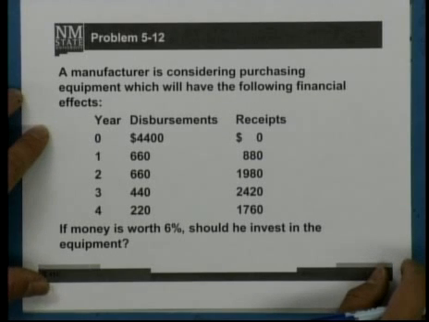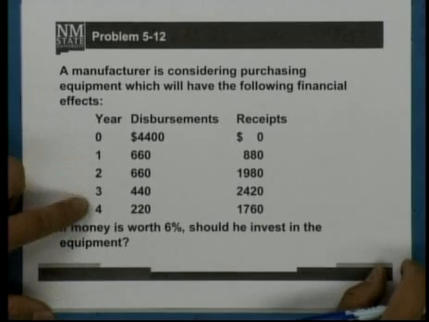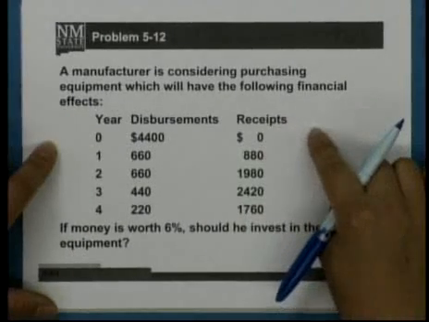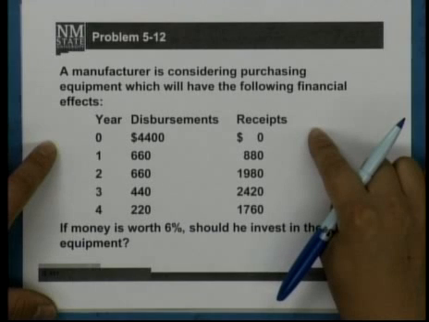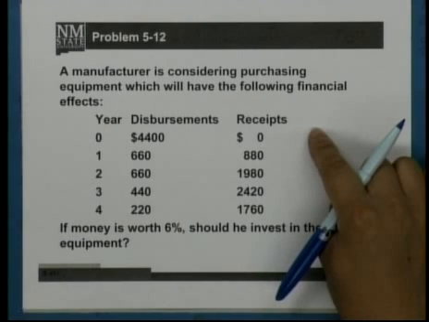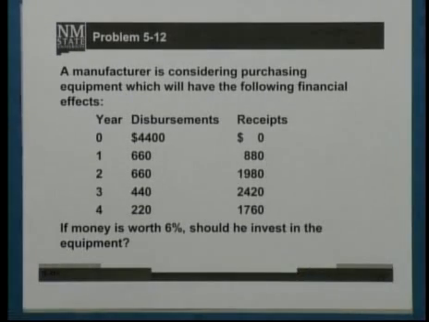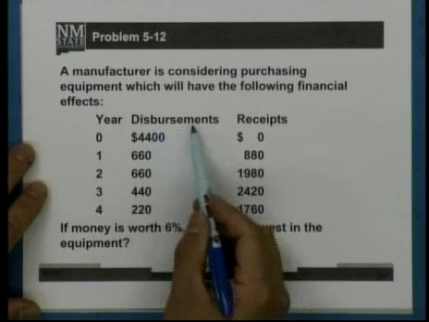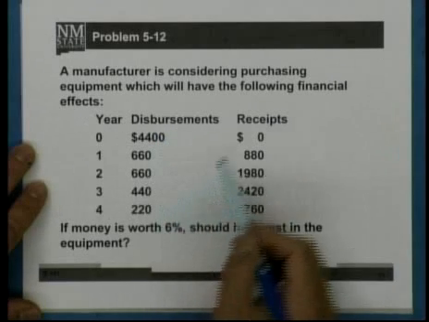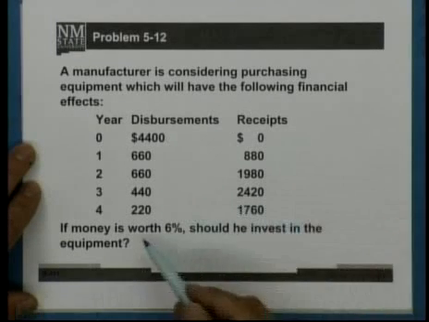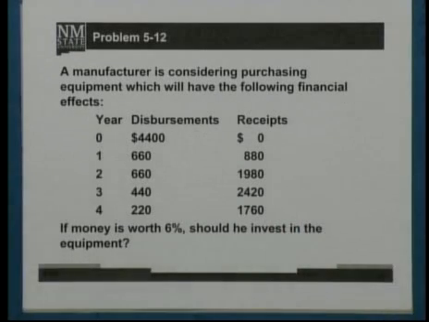So for the next 4 different periods, there are disbursements and receipts. Obviously the disbursements are the negative cash flow and the receipts are the positive cash flow. If money is worth 6%, should he invest in the equipment?